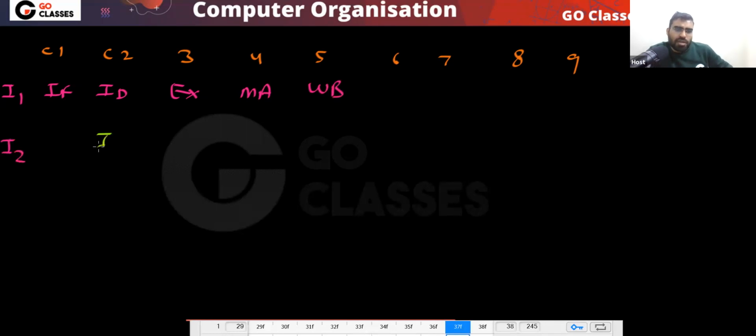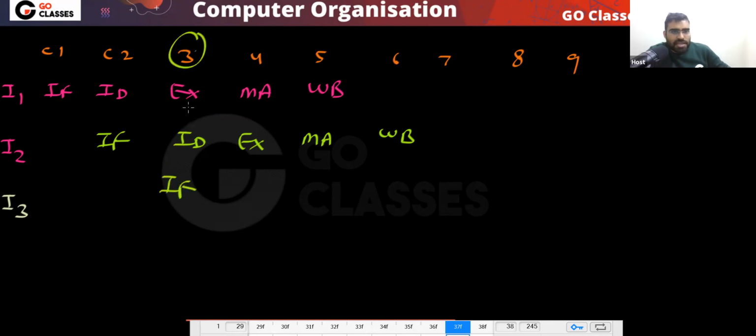It goes through IF, ID, EX, MA, WB. Finally instruction I3: in this cycle it goes to instruction fetch, which you can easily do, then to instruction decode.